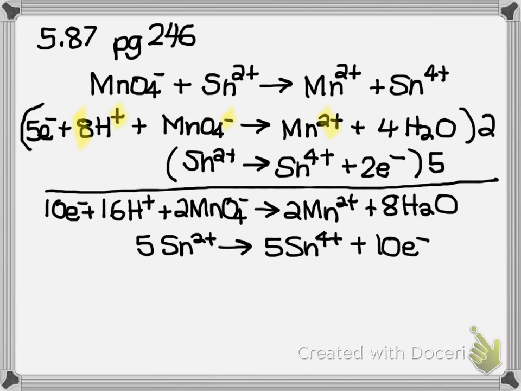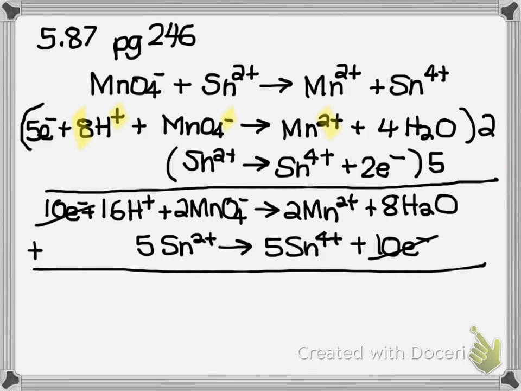And now you can add these two together, add both half reactions together, canceling anything that is the same on both sides, which in this case is just the electrons.